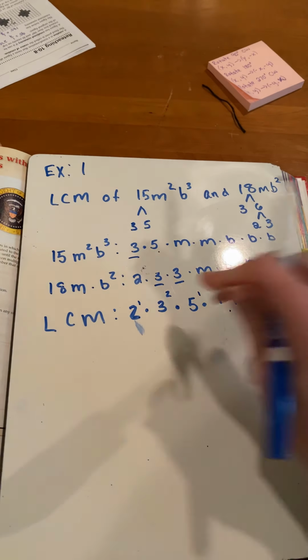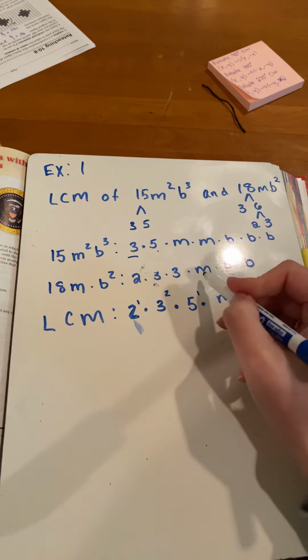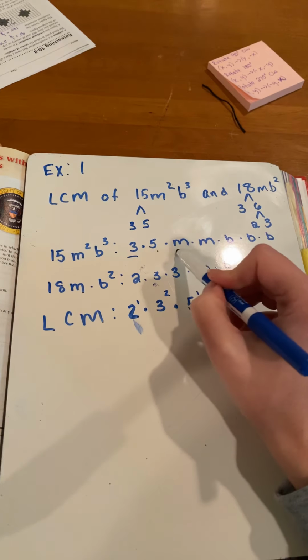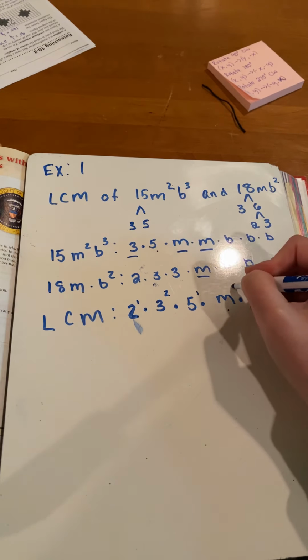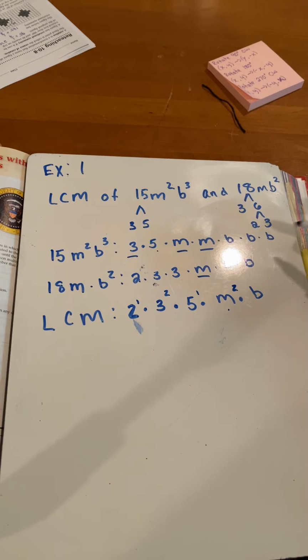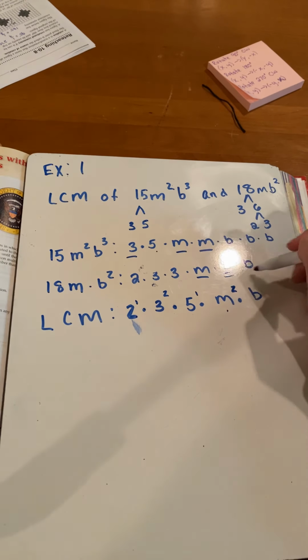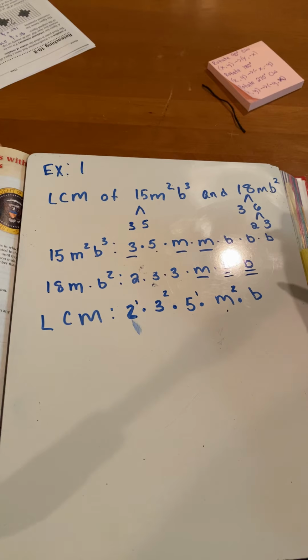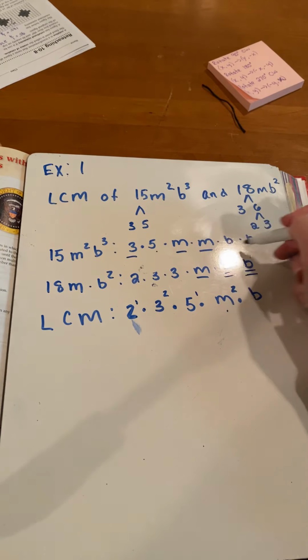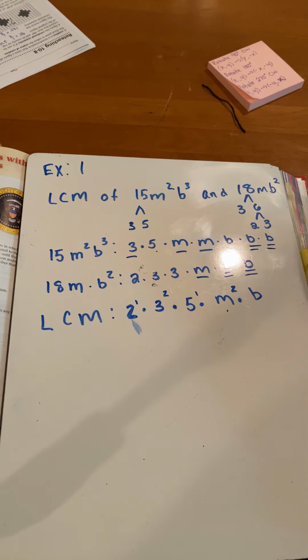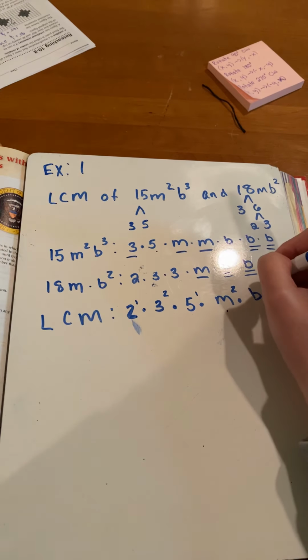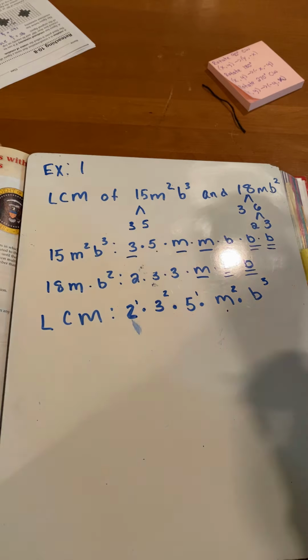Next, we look at our m's. We have a single m here, and we have 2 m's in 15 m squared b cubed. We take our greatest exponential value, 2 trumps 1, so m squared. Same thing with our b's. We have 2 b's in 18 m times b squared, but we have 3 b's in 15 m squared b cubed. So we're going to take the greatest exponential value, which is going to be b cubed.